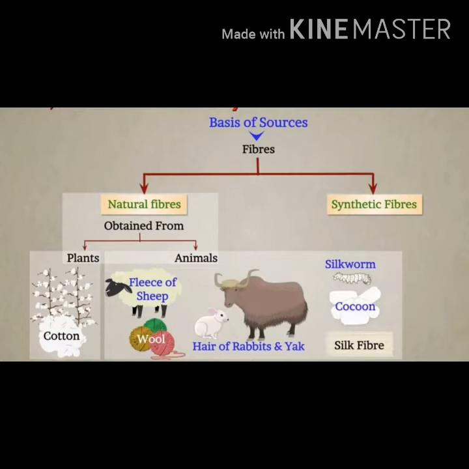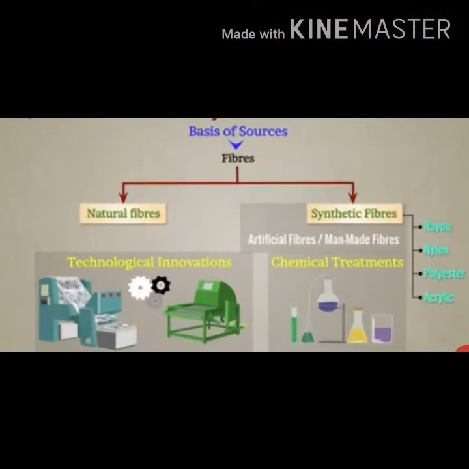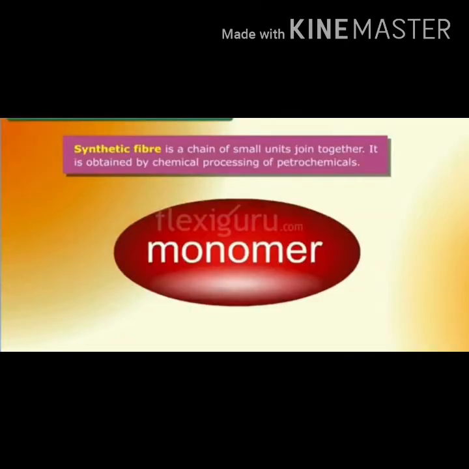For example, cotton is a natural fiber obtained from plants, and wool and silk are natural fibers obtained from animals. Whereas artificial or synthetic fibers are man-made fibers prepared by using different chemicals and treatments, processed in the industries.